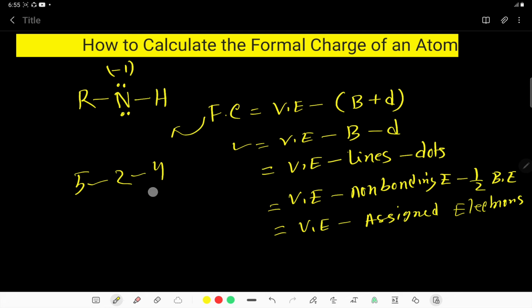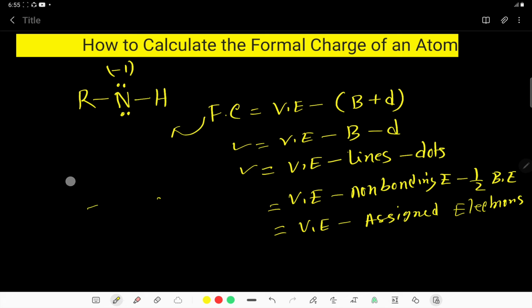Now let us use this formula: valence electron minus lines minus dots. So 5 valence electrons, minus lines attached to nitrogen, which is 2, minus dots attached to nitrogen, which is 4. So 5 minus 6 equals minus 1.